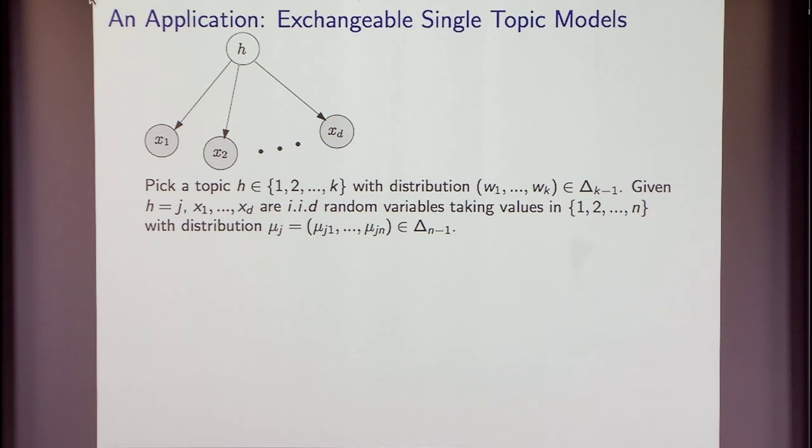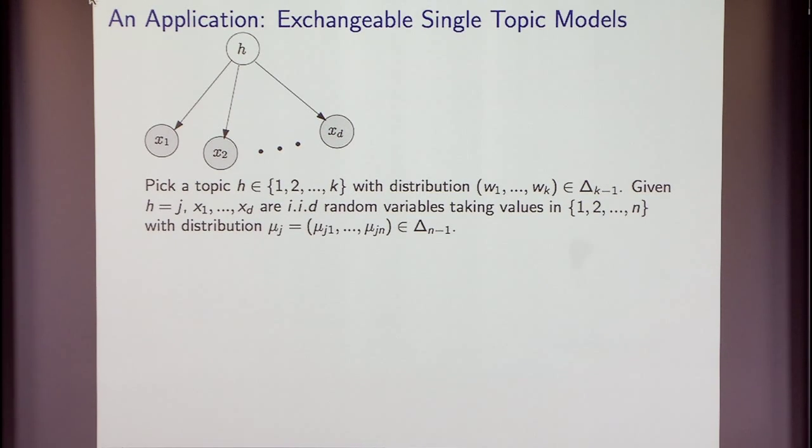Where did I first see this? I first saw this in a machine learning paper by Anandkumar, Ge, Hsu, Kakade and Telgarsky, some of whom are speaking tomorrow. This is a statistical model which models documents that have d words, and each document has one topic. The way we generate such documents is as follows.